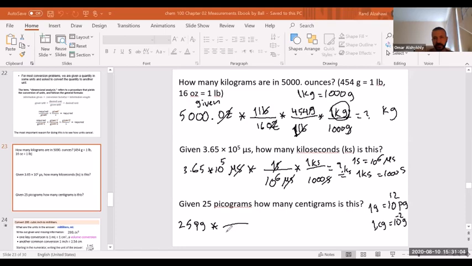Picogram, so you will put 10 to the power 12 picogram in the bottom, 1 gram in the top, times here 10 to the power negative 2 gram, 1 centigram in the top. Cancel gram with gram, picogram with picogram, your answer will be in centigram.